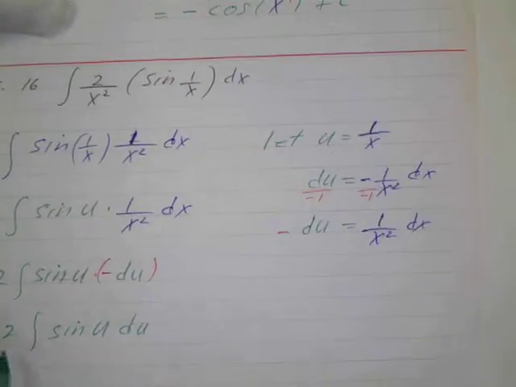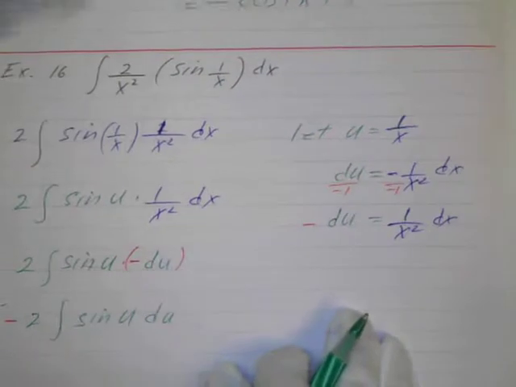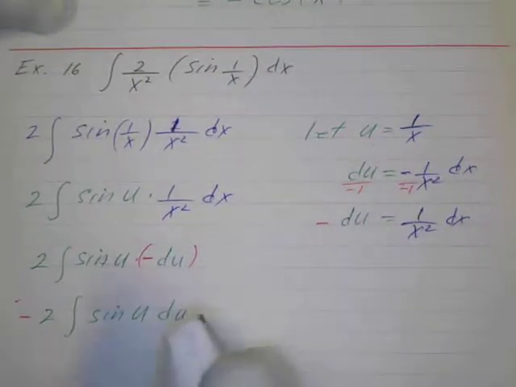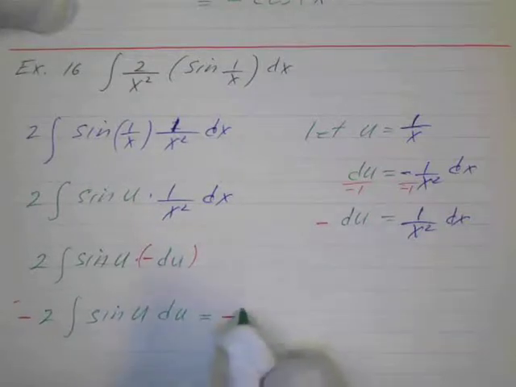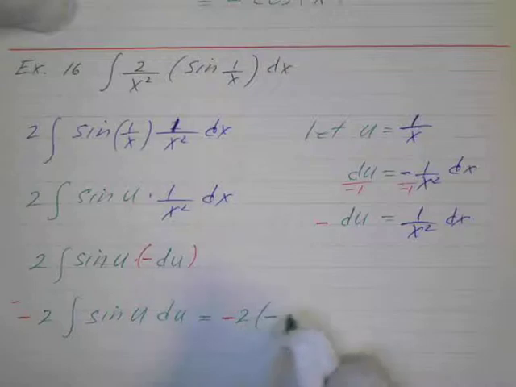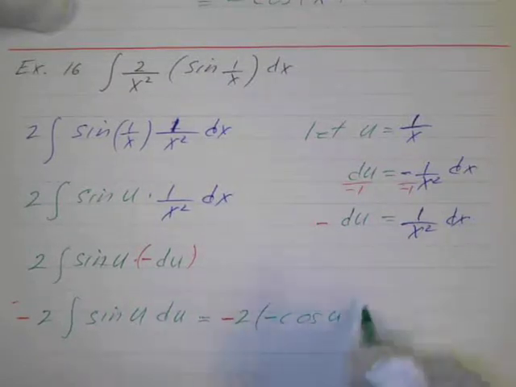We just have a negative in front of it, so that's going to equal negative 2 times negative the cosine of u plus c.